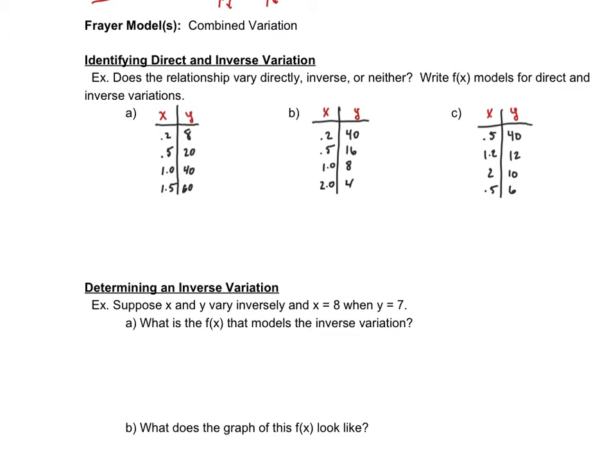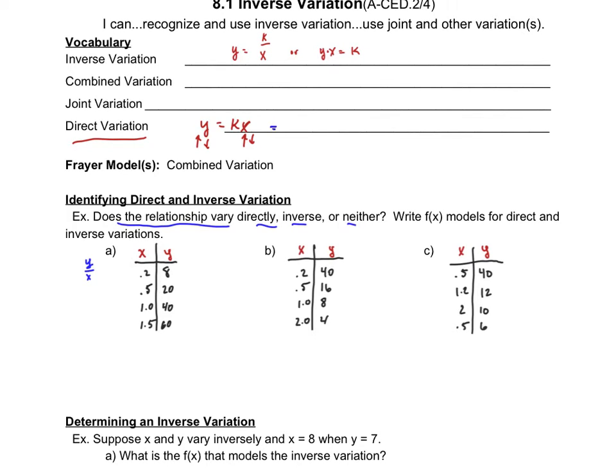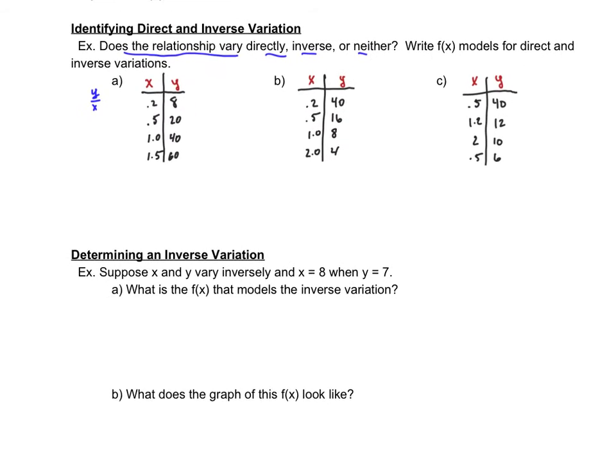Okay, so when trying to find out how this relationship varies, directly, inversely, or neither, sometimes I may accidentally say indirectly, but what I mean is inversely. If it varies directly, then y over x equals k, if you just reordered that formula.